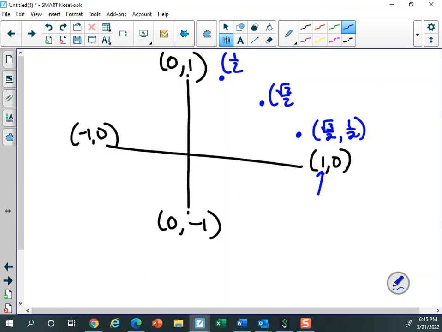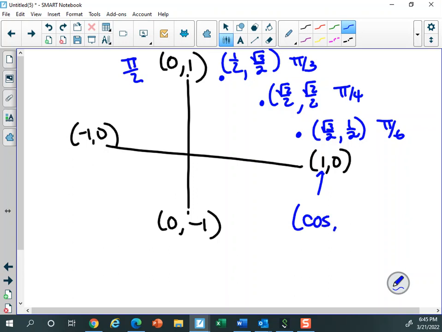Your y gets bigger. Pi over 6, pi over 4, pi over 3, pi over 2. Cosine, sine. That's a really quick little diagram you can throw on a quiz for yourself, do a little memory dump and just jot that down.